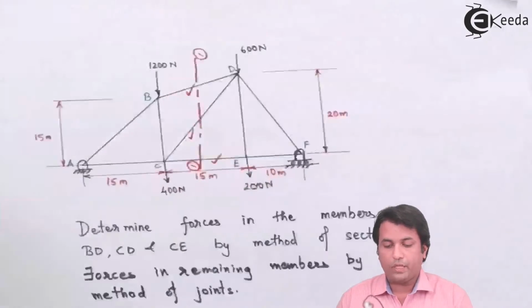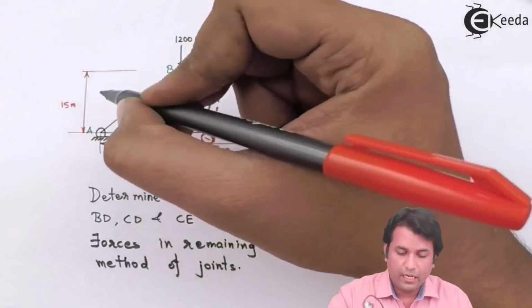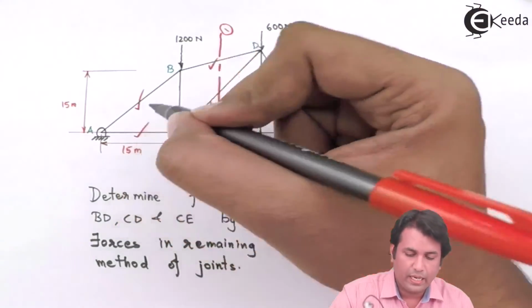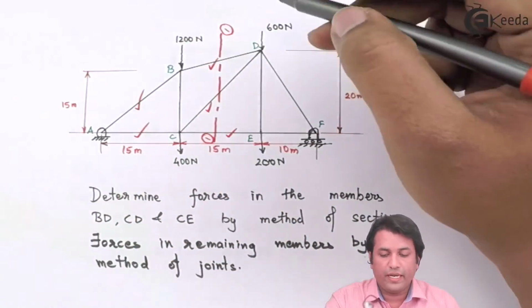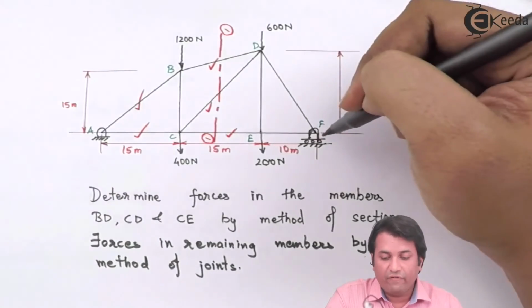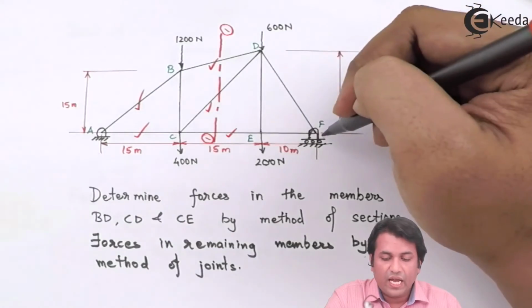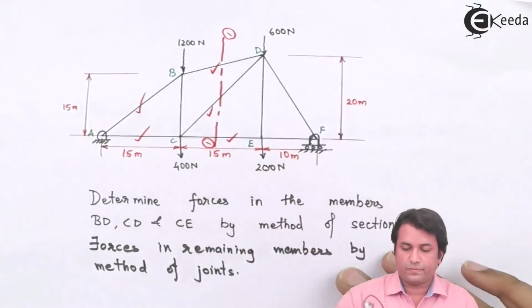So by method of joints, at joint A, I have applied condition of equilibrium and I have found force in member AB and AC. Now I'll move on to the next joint, say F. If I move on to next joint F, the unknown forces will be FD and FE.